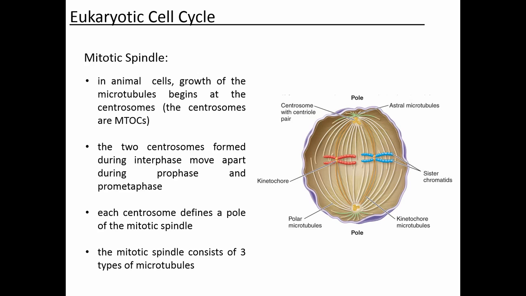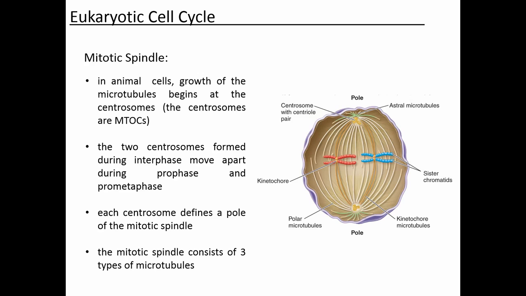And then the third type of microtubules are called polar microtubules. And when you're looking at this picture, you can see that some of the microtubules coming from this pole overlap with microtubules coming from the other pole.